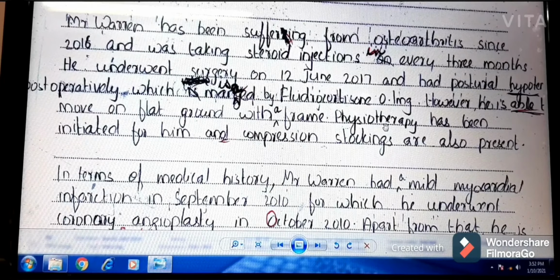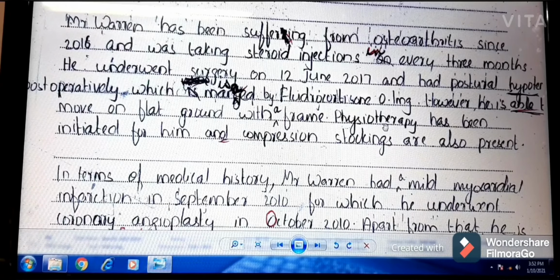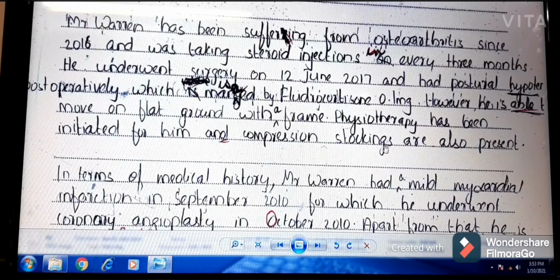He underwent a surgery on 12th June 2017 is the correct usage, because there is a rule in English grammar that when a specific time of the past is mentioned in a sentence, the verb should be in simple past. In that way, the usage he underwent surgery on 12th June 2017 is the correct usage.